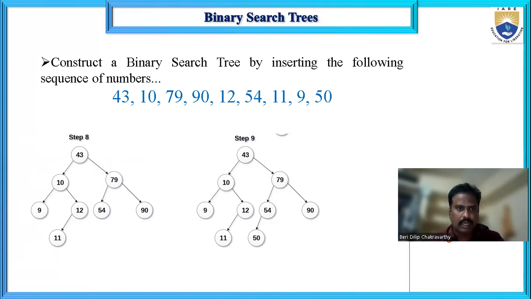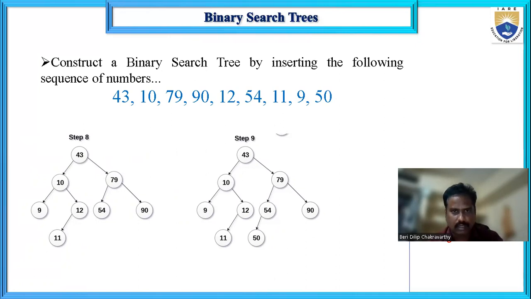First, I compared with 43. As 11 is less than 43, I went to the left side, 10. I compared 10 and 11. As 11 is greater than 10, I moved to the right side, and I compared with 12. As 11 is less than 12, I'm just adding it as a left child to my 12.